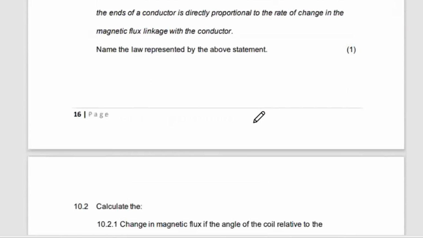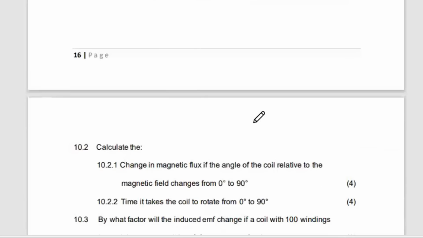Question number 10. There's a coil with 200 windings and a surface area of 2,8 times 10 to the negative 3 meters squared, rotated at a constant speed in a constant magnetic field of 2,5 Tesla. An EMF of 3,5 volts is induced in the coil. Consider the following statements.